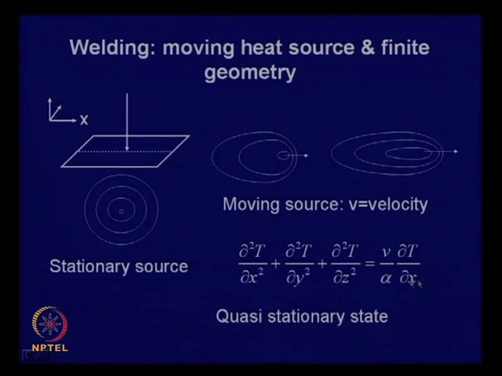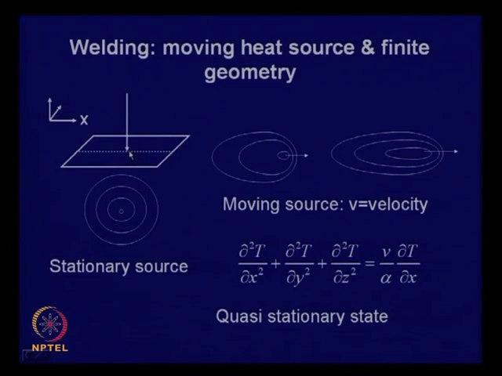In fact, it is possible to show easily, if this velocity is v, for a quasi stationary state at a particular time. If we want to find out the temperature contour, we can take it to be quasi stationary and ignore the time part. So, a velocity term comes in here, and physically, we are pulling the source like this.